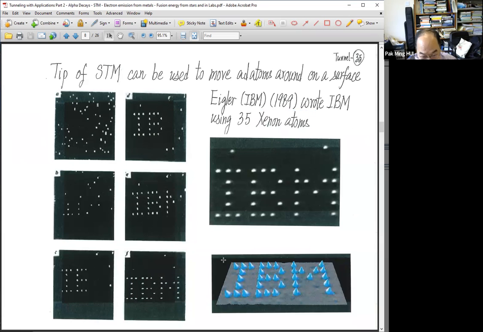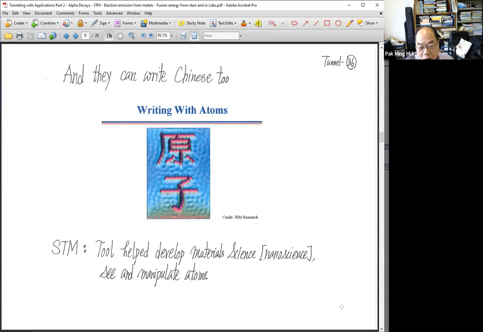So this is the very famous picture of writing. So here is really the beginning of nanoscience and nanotechnology. Now you can manipulate atoms. Of course, one can write Chinese, and the Japanese can also write the same word. So I don't know whether this was written by Japanese scientists or Chinese scientists.